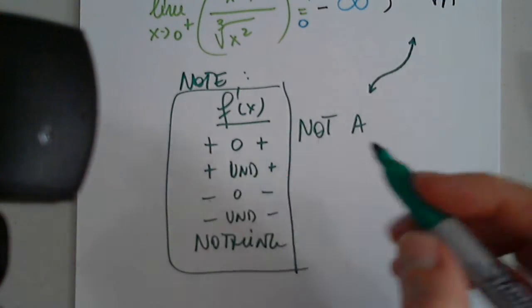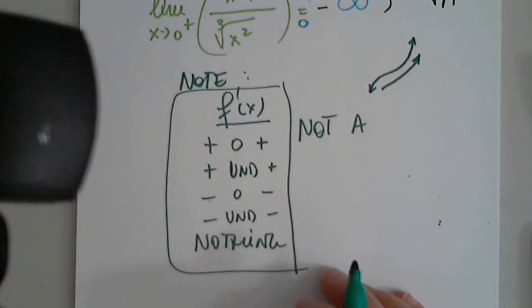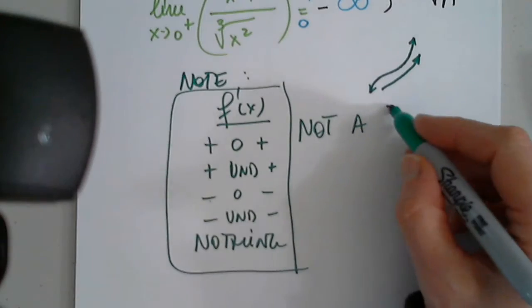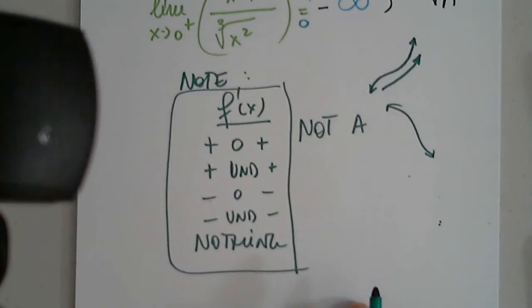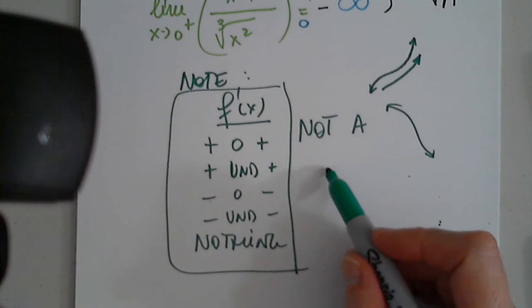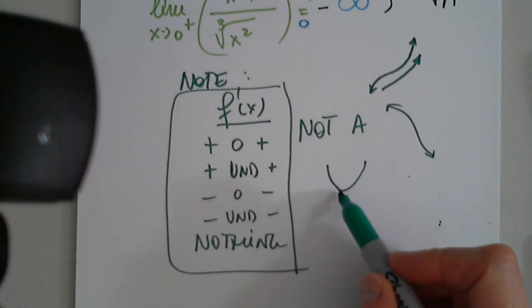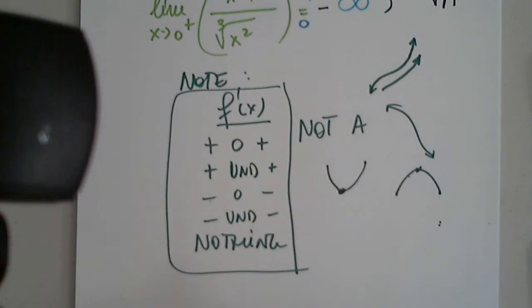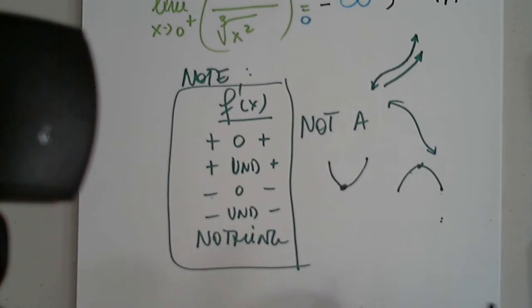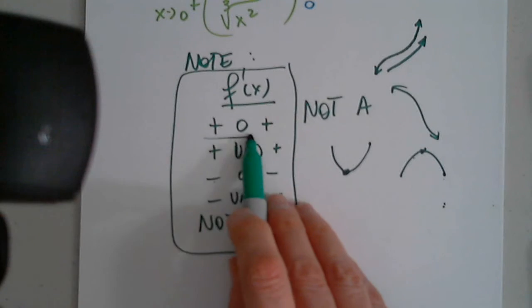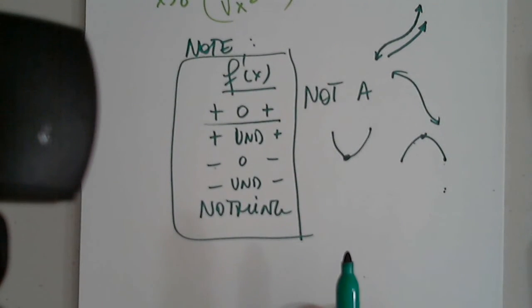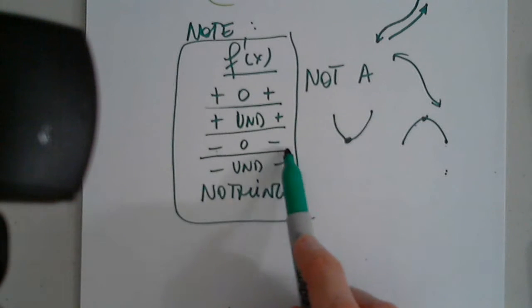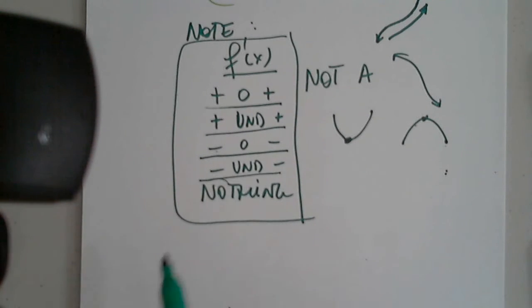The function is always increasing, or the function is always decreasing. The function has to decrease and increase for a minimum, increase and decrease for a maximum. If the function is always increasing, there is no max or min. If it's always decreasing, no max or min.